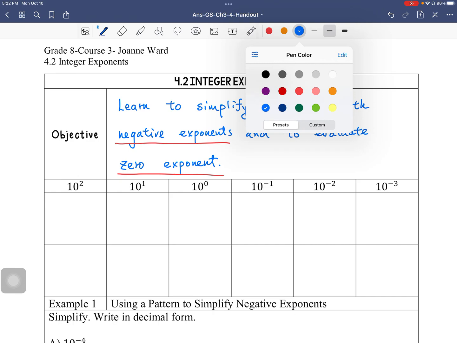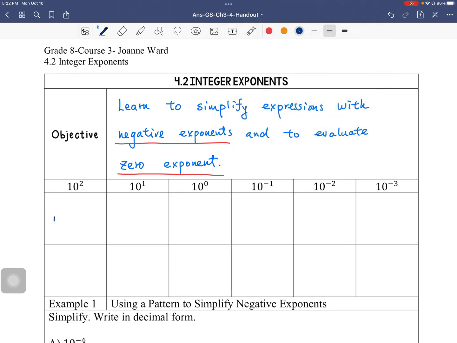So from here, 10 squared is 10 times 10, which is 100. 10 to the power of 1 is 10. 10 to the power of 0 is 1. This is the zero property of the exponents.